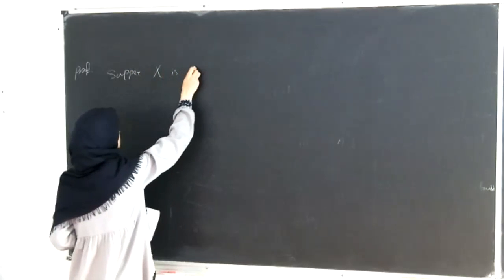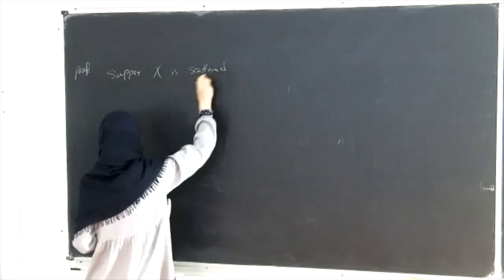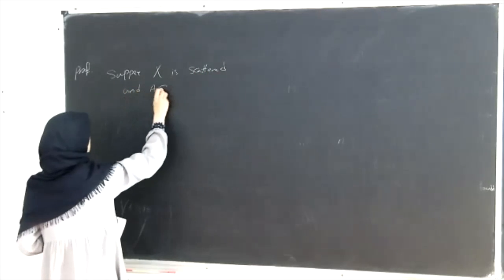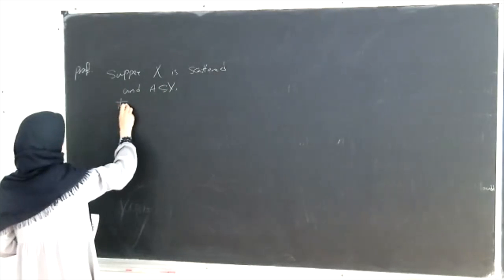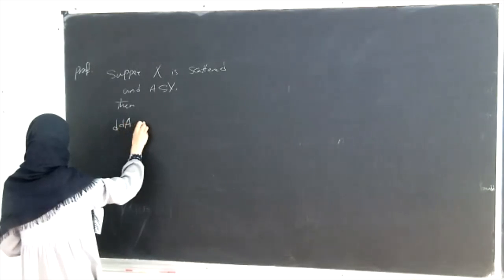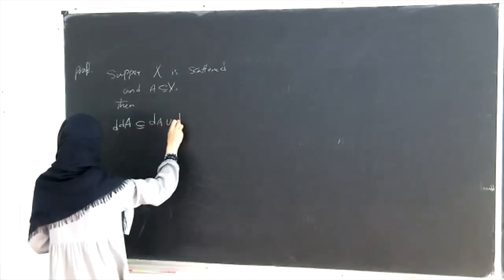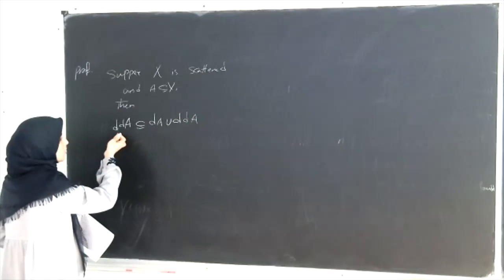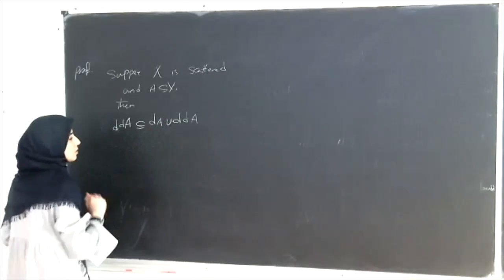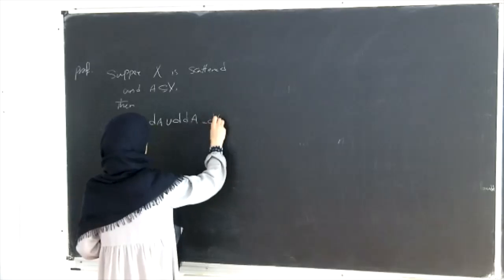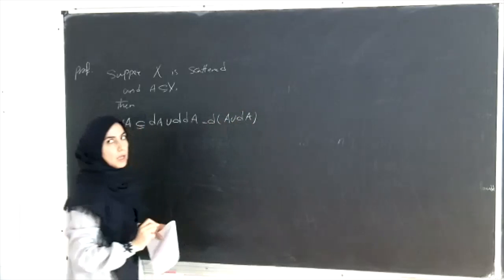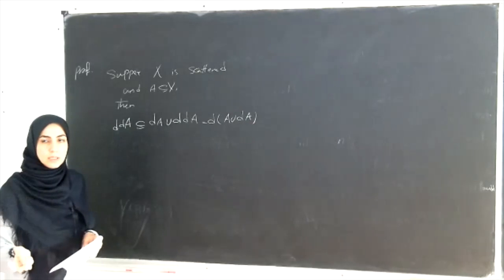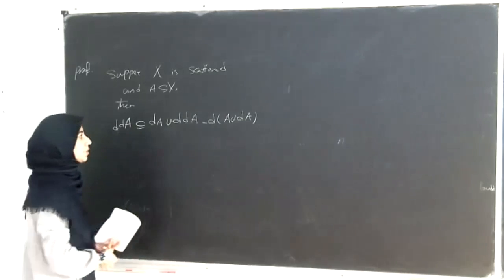Suppose X is scattered and A is a subset of X, then D of A is a subset of D of A union D of A. It is clearly true, since we know that D of A is a subset of D of A union D of A by the properties of the derivative set that we stated at the beginning of this session. We know that it's true.